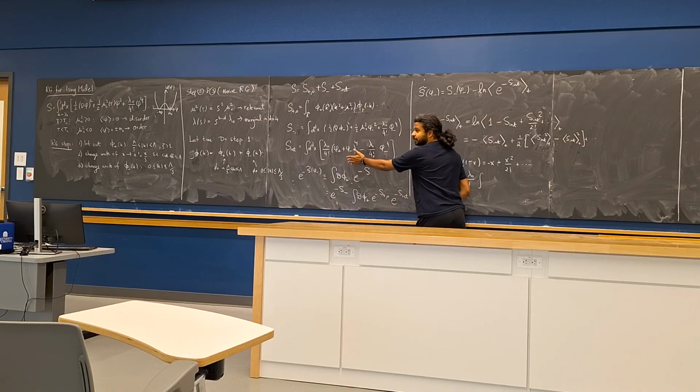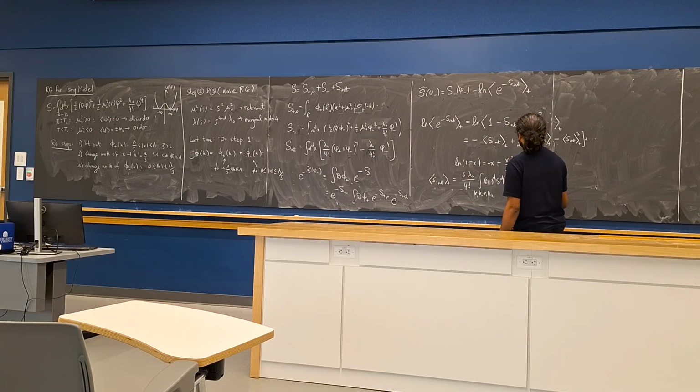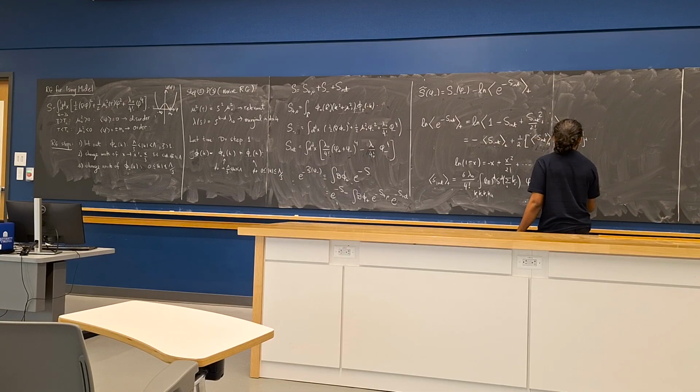Just write this in momentum space. K1, K2, K3, K4, 2 pi d delta d sum over i, Ki, then phi minus K1, phi minus K2, expectation value phi plus K3, phi plus K4 plus.